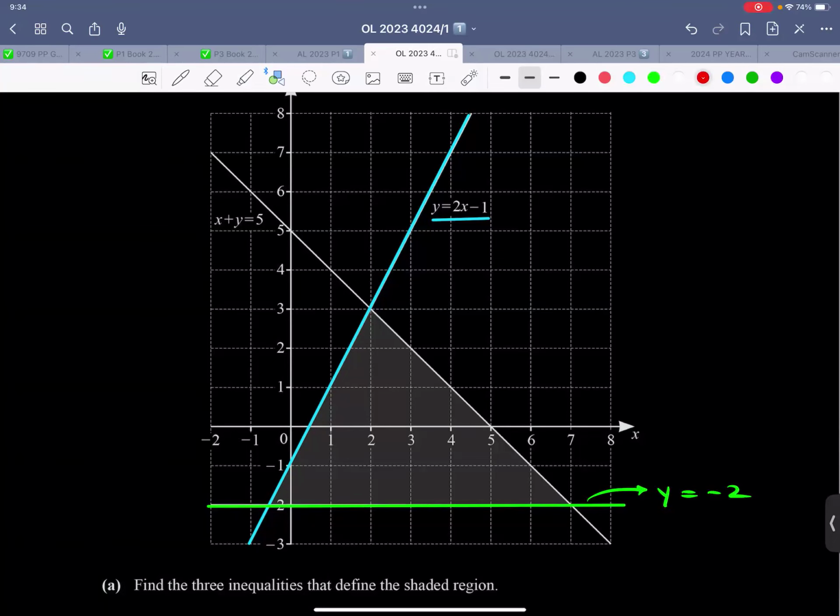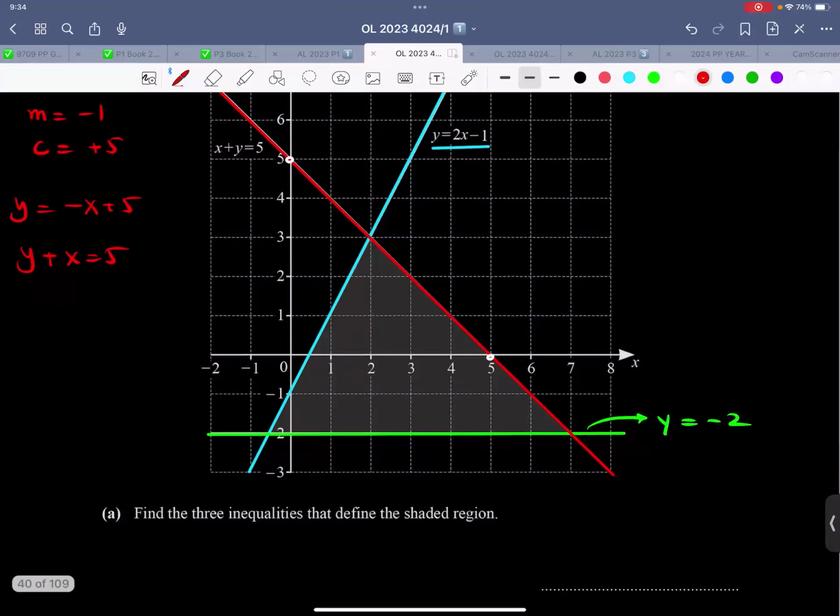And let me draw a red line. That is the red line that's going like this. So a triangle, there are three lines. Now this point is 0, 5. This point is 5, 0. We know that the gradient of this red line is -1. The y-intercept is +5. Therefore, y equals -x plus 5, which can also be written as y plus x equals 5.